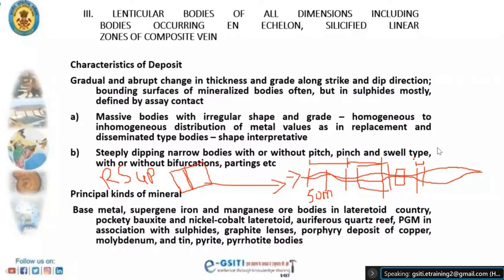So we generally try to drill only at those places where we get very high values, the zones where the body is much thicker and where we get very high anomalies of gold. So we'll try to drill at these locations only.